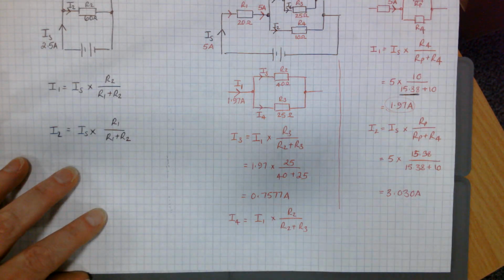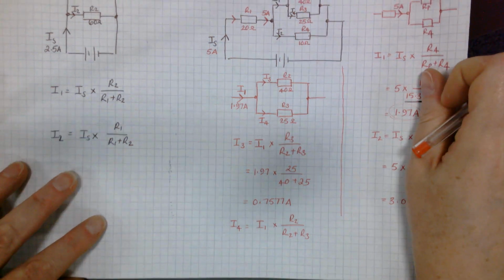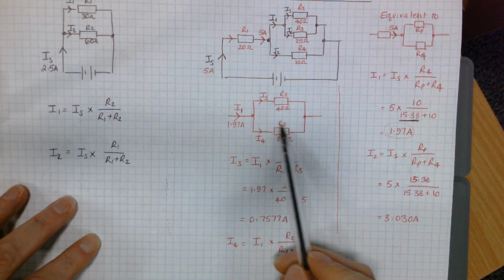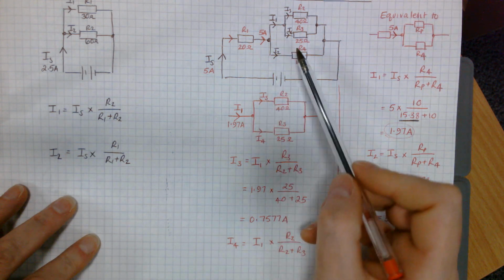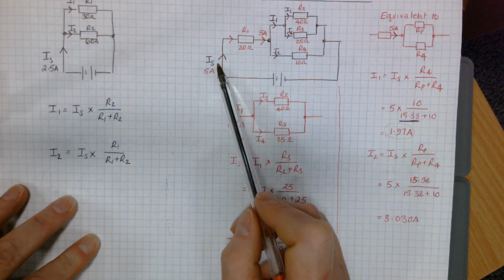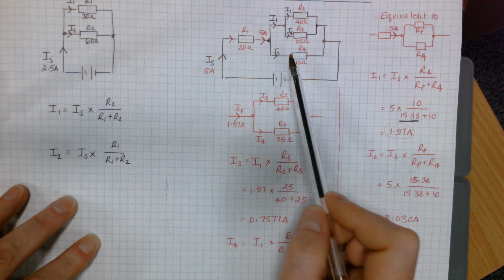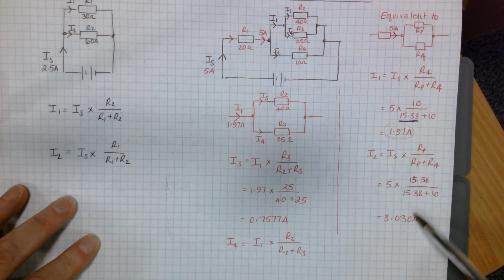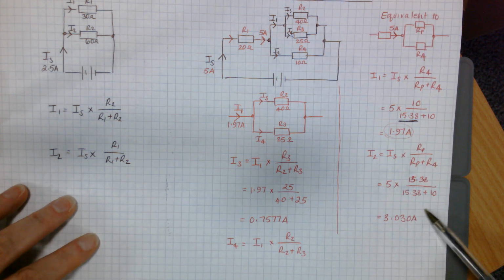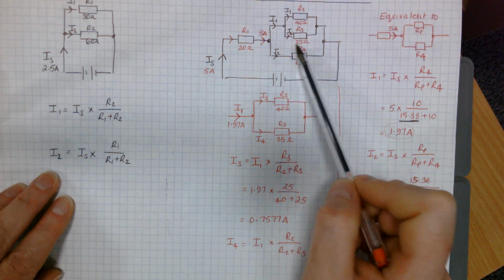So this wee section in red that I've drawn here is just this wee part in here. So your IS is divided, that 5 amps is divided into I1 and I2. So this is this working over here, I1 and I2, which is a pretty standard current divider in that style. Then you've zoomed in to this wee section here.